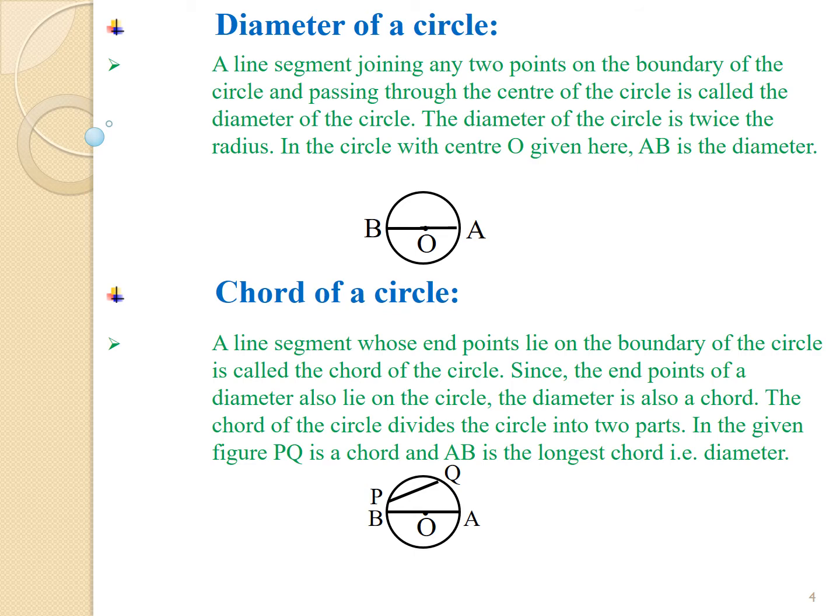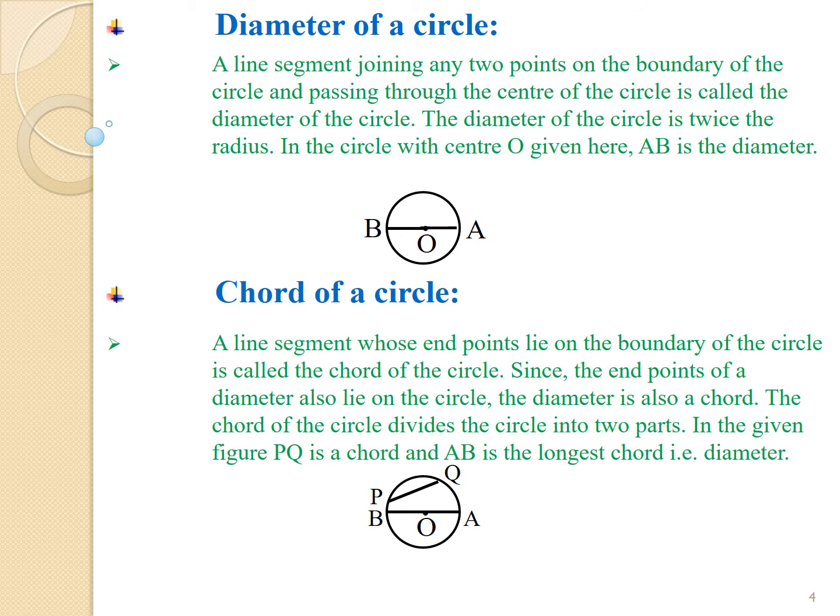The chord of the circle divides the circle into two parts. In the given figure, PQ is a chord and AB is the longest chord, that is, the diameter.